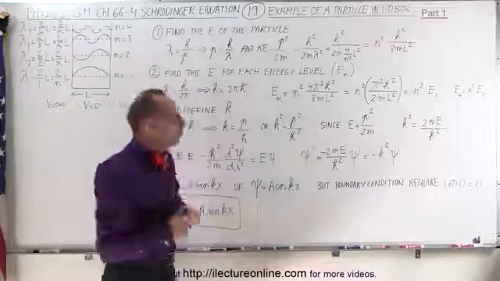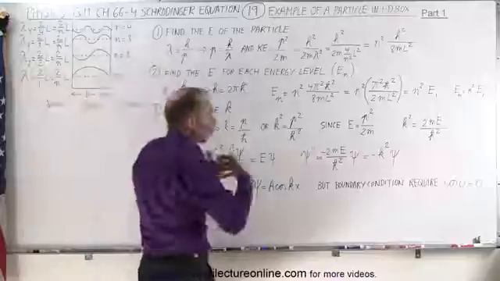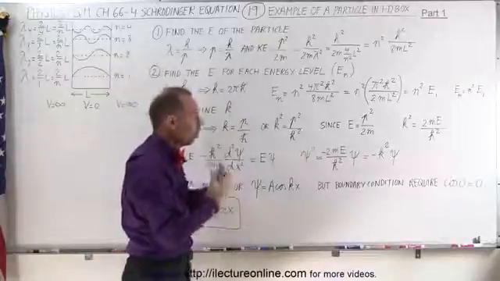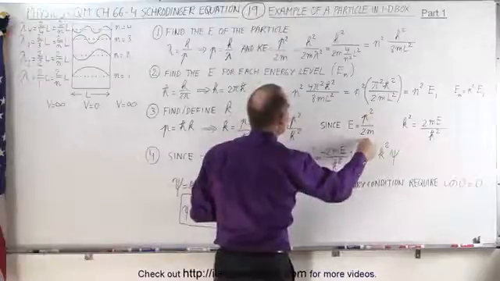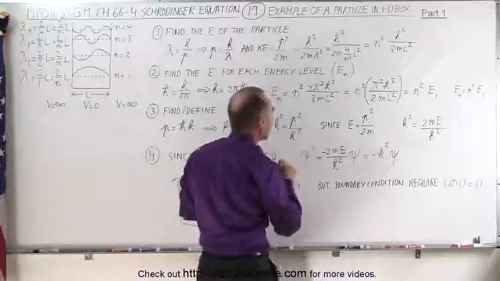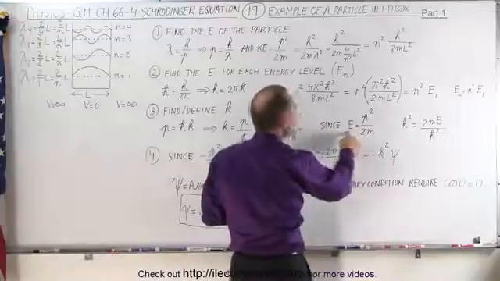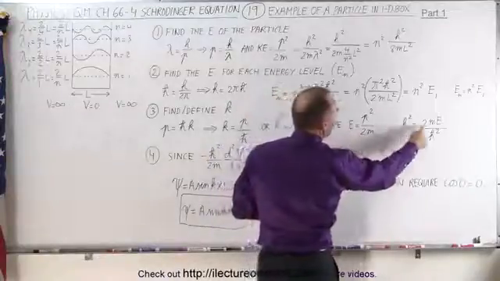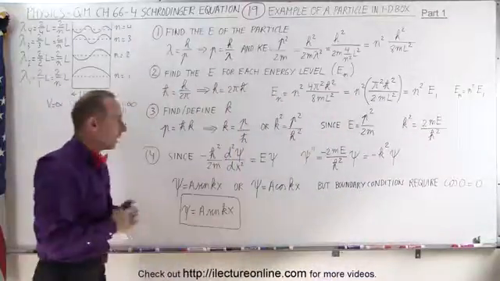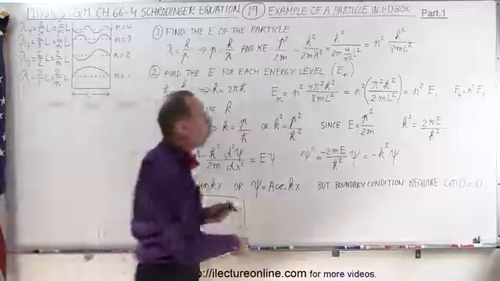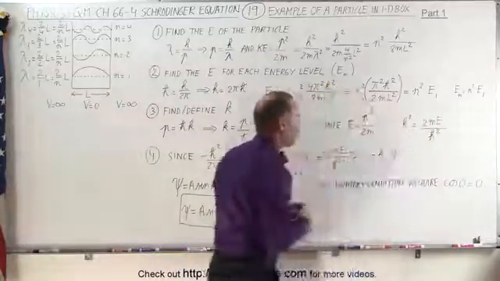Since we know that the kinetic energy in this particular situation, which is also the total energy of the particle because there's no potential energy, can be expressed as p squared over 2m, then if we replace the p squared by 2mE, k squared becomes 2mE divided by h bar squared. And so now we have an expression for k. Simply take the square root, and that will be the expression for the wave number.